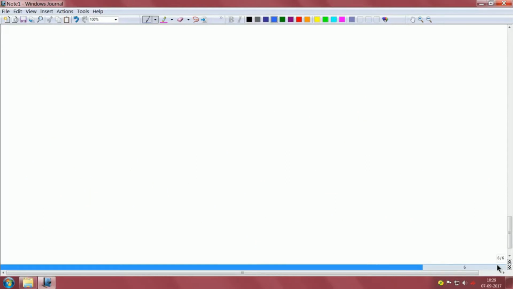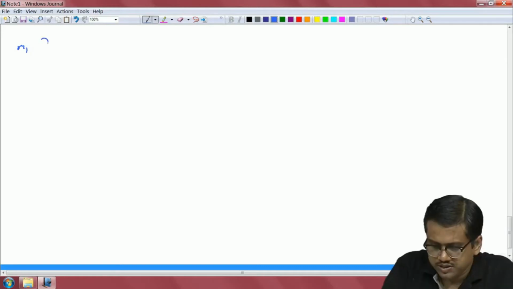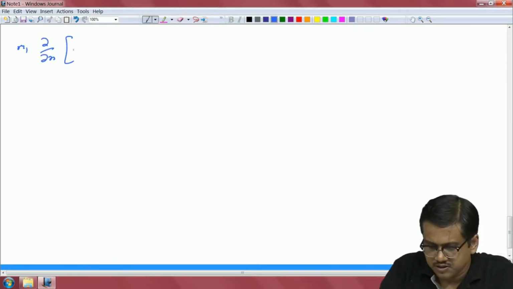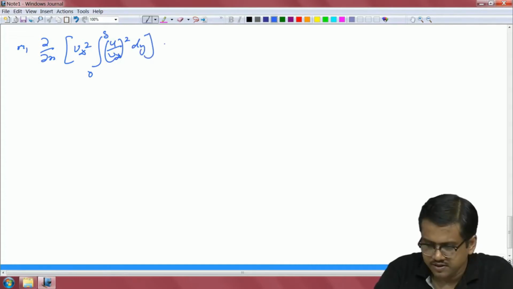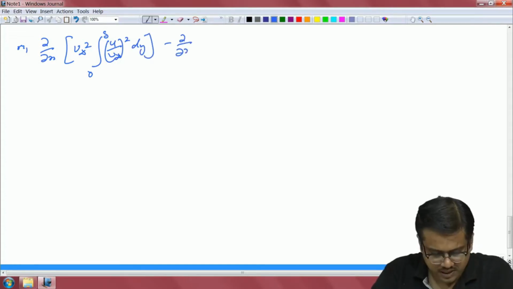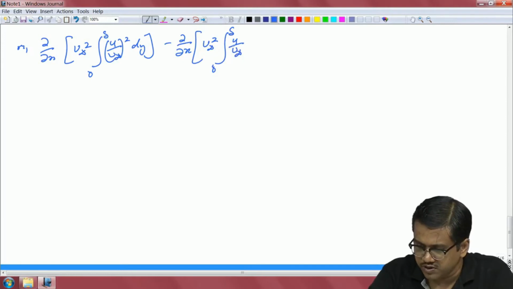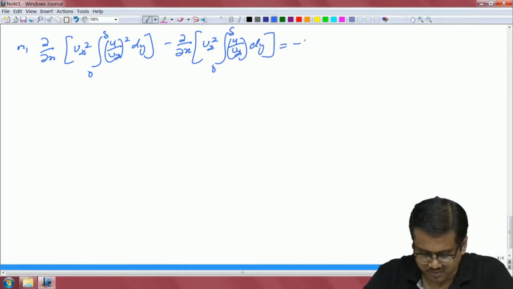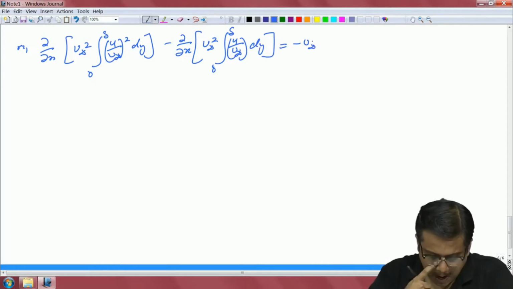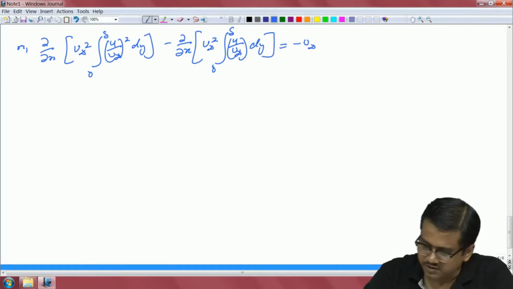Okay. So, now doing some more algebra, taking u infinity square out, integral 0 to delta u by u infinity square dy minus d by dx square, integral 0 to delta u by u infinity dy is equal to minus u infinity, minus v u infinity.